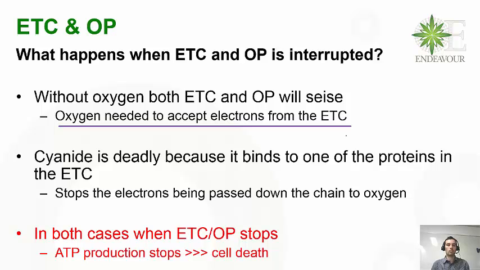The consequence of these reactions stopping is that ATP production will also stop, and therefore we don't have enough energy to keep the cells alive and to continue those processes that require energy. So this will eventually lead to death of the individual or the organism.